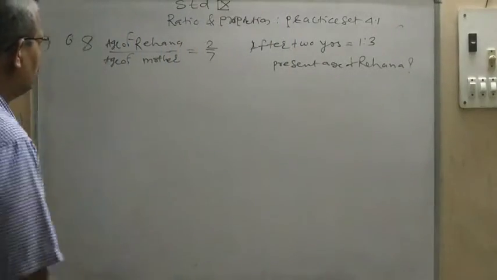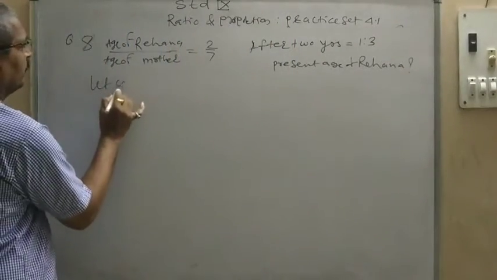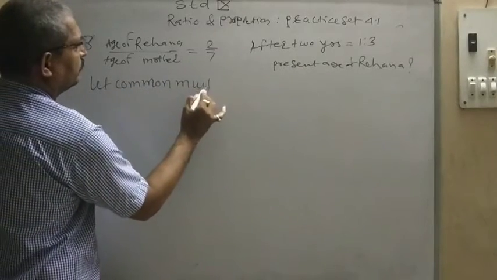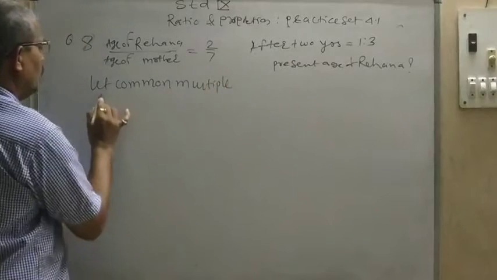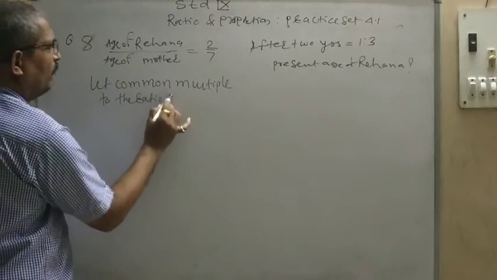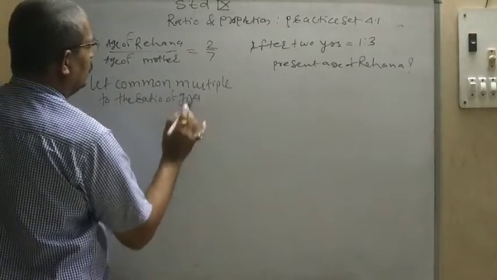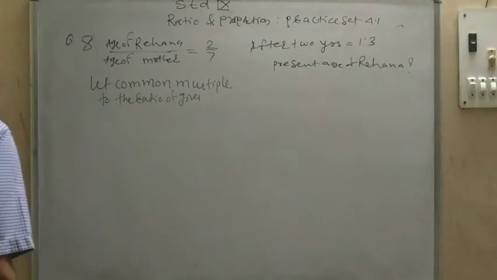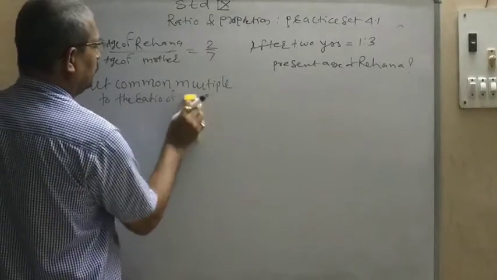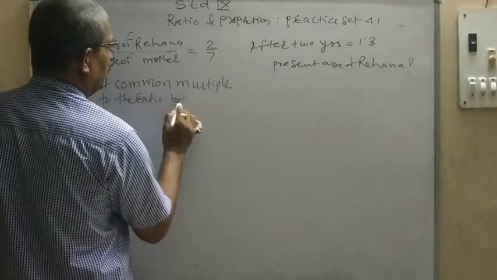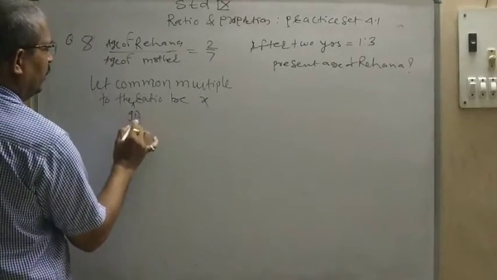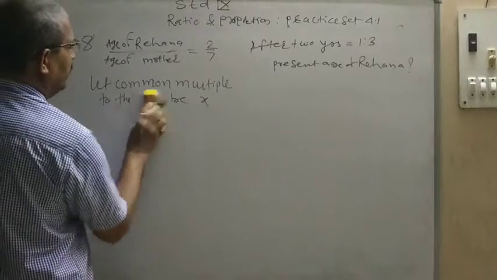So simple. Let the common multiple to the given ratio be x. Okay, I will write it properly.